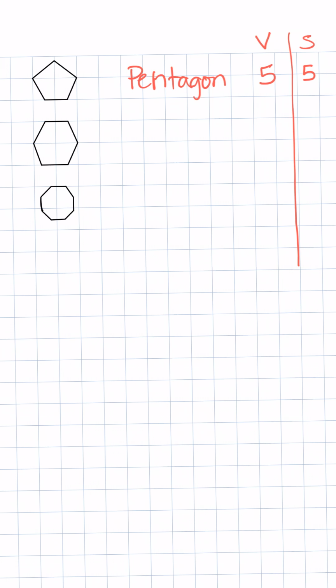So it could be shaped like this even. 1, 2, 3, 4, 5. Anything that has 5 sides and 5 vertices is a pentagon. But this one is your typical pentagon, and I think of it as looking like a house, like a penthouse for pentagon.